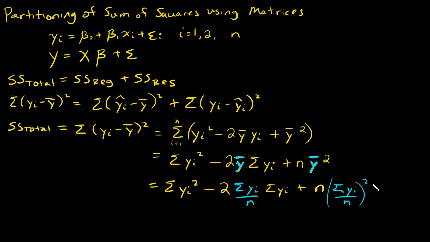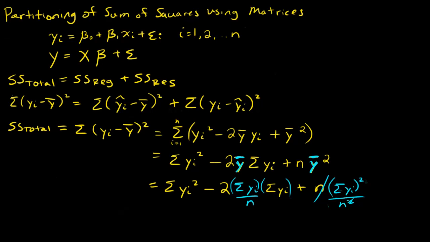I can bring that square into both the numerator and denominator, so I have the sum of yi, squared, divided by n squared. Notice that one of these n's cancels, and this term is being multiplied by itself, so it's the sum of yi squared.